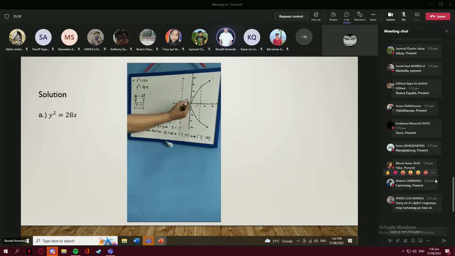So we have here the parabola, we have the focus, we have the latus rectum, the endpoints of latus rectum, then we have the directrix. The distance from the vertex to the focus is equal to the distance from vertex to the directrix.